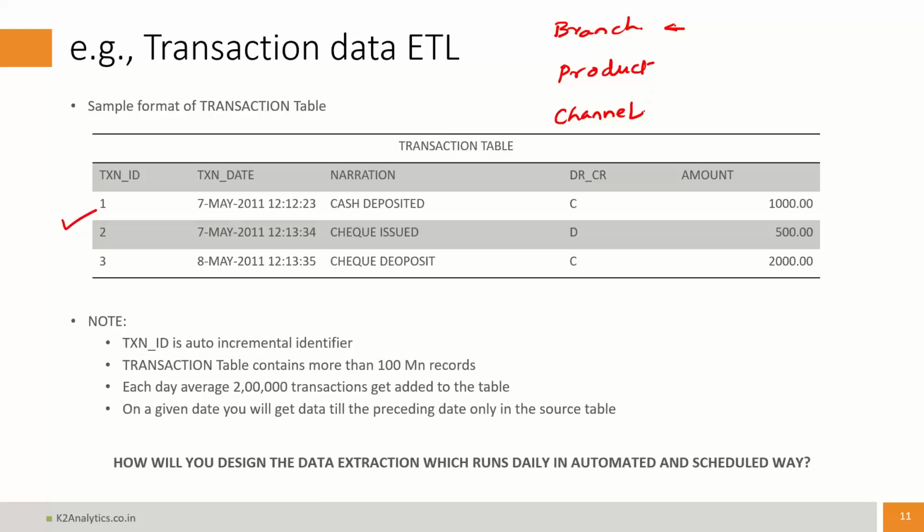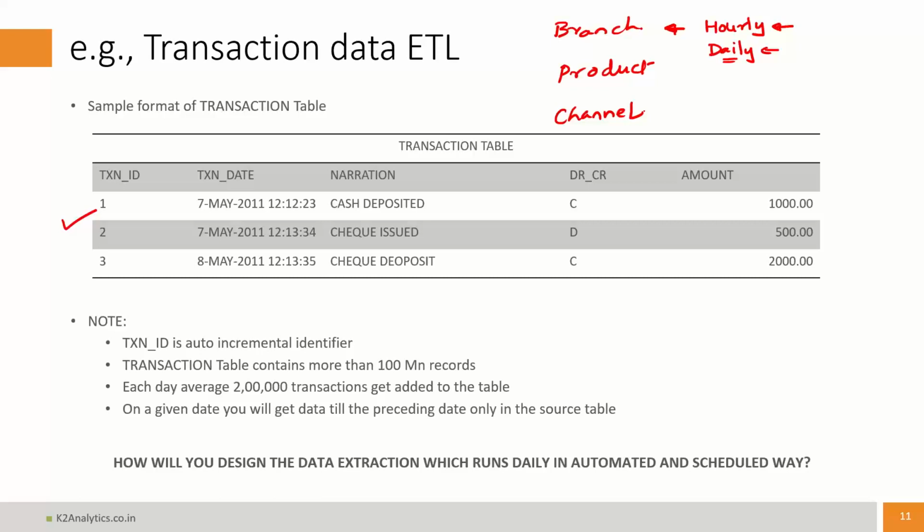Is the branch interested in seeing the report at hourly level, or is the branch manager interested in seeing the report at daily level? When I say at daily level, what I mean is I want to see how many customers I acquired on a given day. And when I say hourly level, I mean how many customers I acquired on a given day in a given hour.